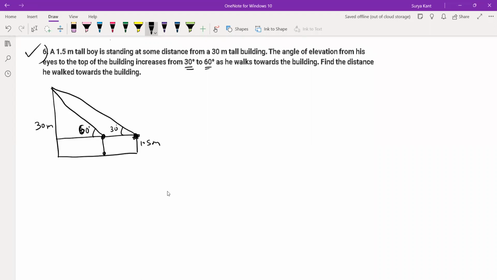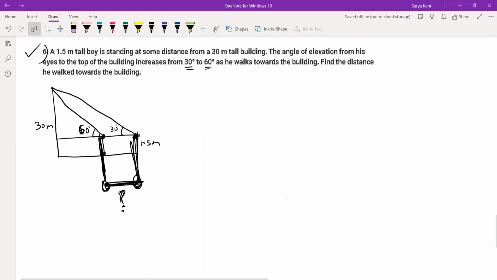Yes, sir. So you have to find the distance he walked towards the building. How much distance did he walk? Before he was here, now he moves till here. So this distance is the question mark.